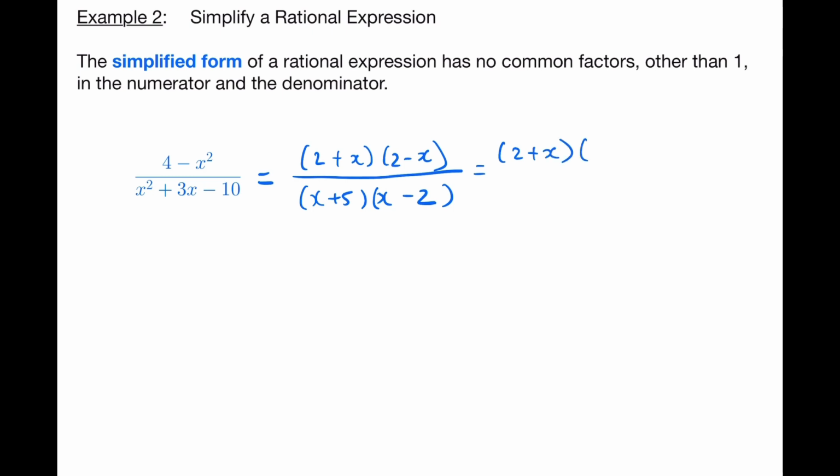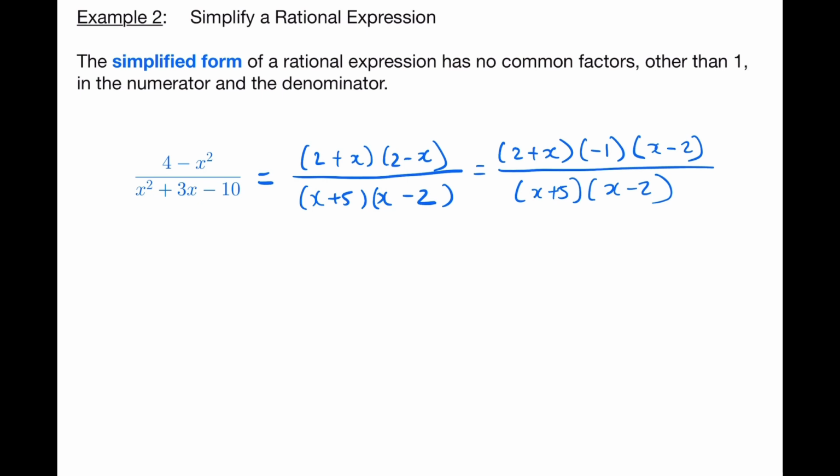Now we're going to factor out a negative 1. And when we do, this 2 minus x ends up becoming x minus 2. Now, if you were to reverse the operation, if you were to multiply these two together, you'd see that negative 1 times x becomes negative x, which is what this is, and negative 1 times negative 2 is a positive 2, which is what this is. All right, and then in the denominator, we'll keep everything as is.